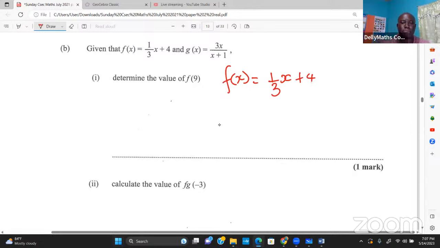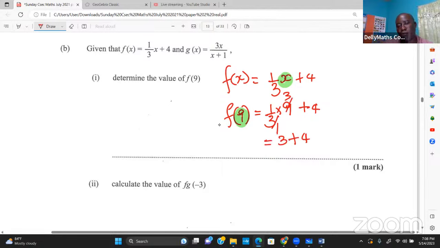So now f of 9 is going to equal to substituting 9 for x. Well, 1/3 times x, 1/3 times 9, and then we're adding 4. 3 into itself, 1, 3 into 9, 3. 1 times 3 is 3 plus 4.